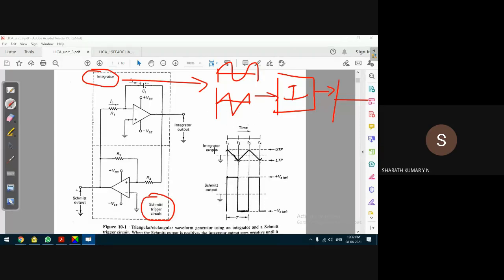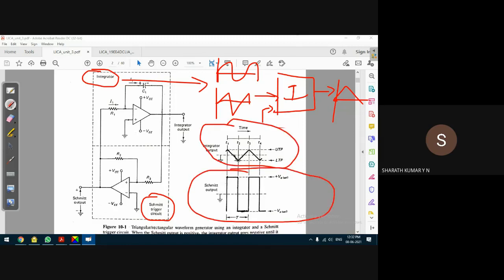For example, let's say we apply a square pulse as the input to the integrator. What we get is a triangular waveform. You can see that waveform at the bottom. Here is the actual waveform. This is the output of the integrator, a triangular waveform, for which the input is a square pulse. Similarly, there is another op-amp circuit called a differentiator, which does the opposite.